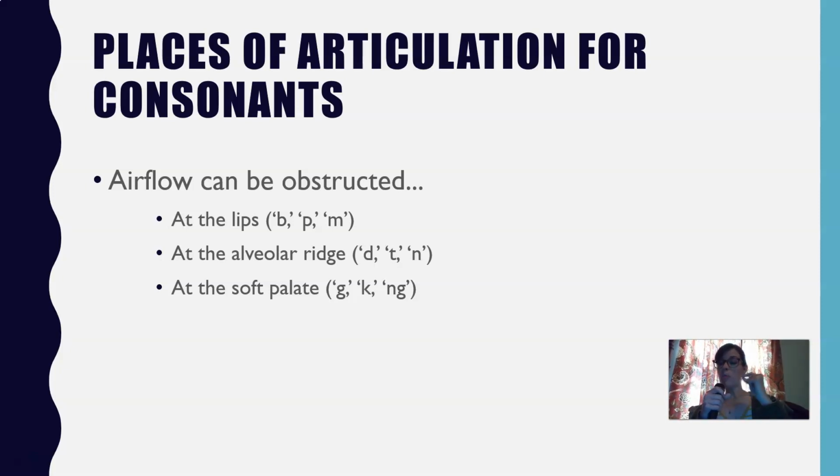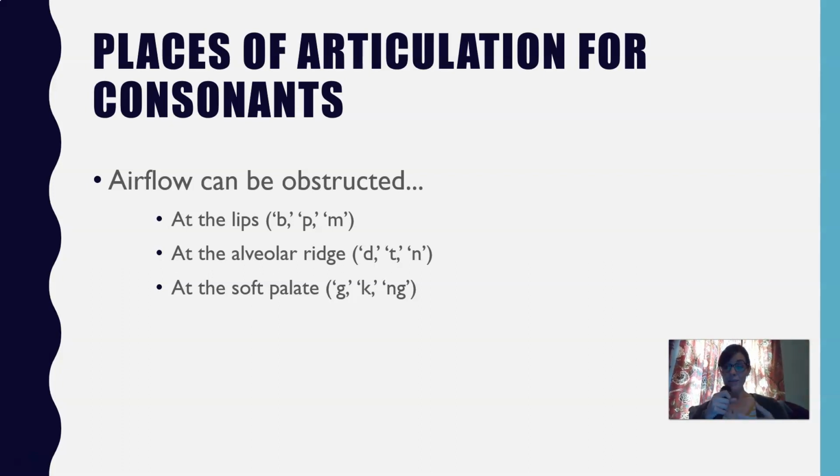Ta is a little bit in front of the alveolar ridge, and it's actually kind of close to the teeth. So think about where the tongue is landing on the roof of your mouth. There are going to be some differences there. Or n, n. The tongue goes right up against the teeth on that alveolar ridge.